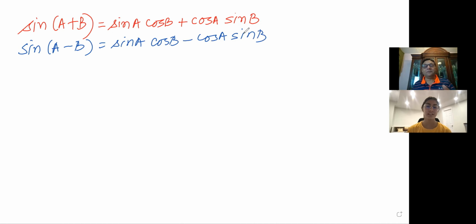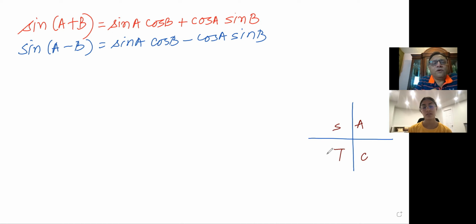Sine A plus B is sine A cos B plus cos A sine B, and sine A minus B is sine A cos B minus cos A sine B. But tell me, does it make sense? Because see, how do we derive this? So let me just try to show you how it is making some sense. We'll relate it with the cosine rule.